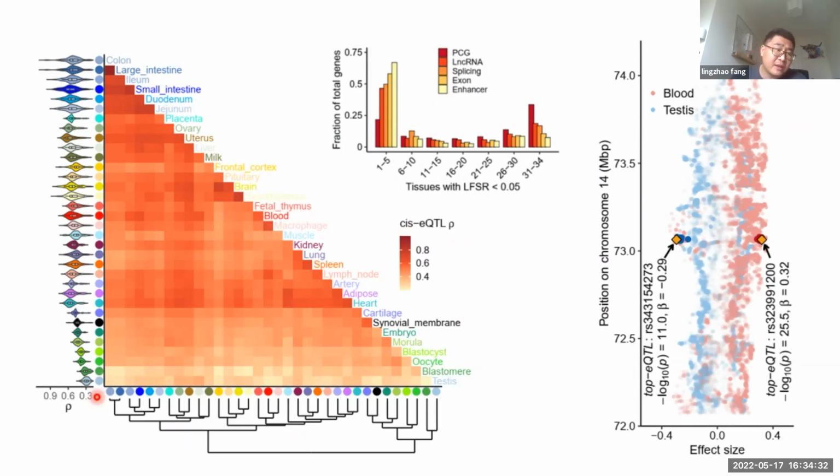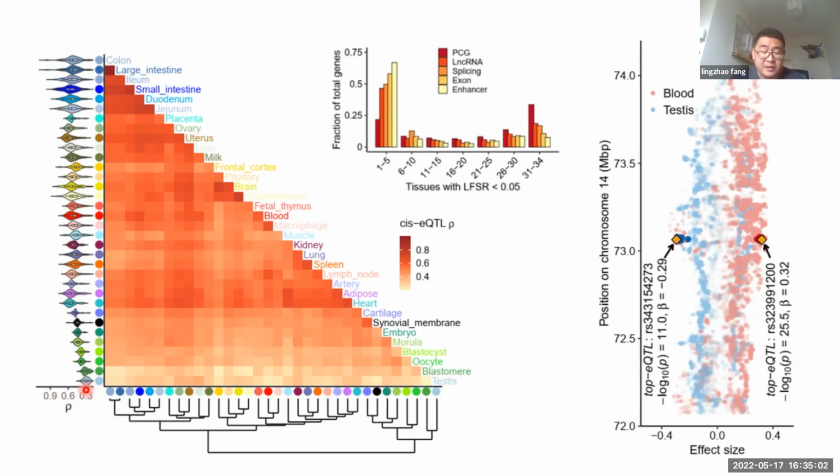The y-axis is the distribution of the correlation of each particular tissue with all other tissues. In general, for most tissues the correlation is about a half, so they do share a lot of these cis-eQTLs, but some tissues are very distinct from the others, like testes.